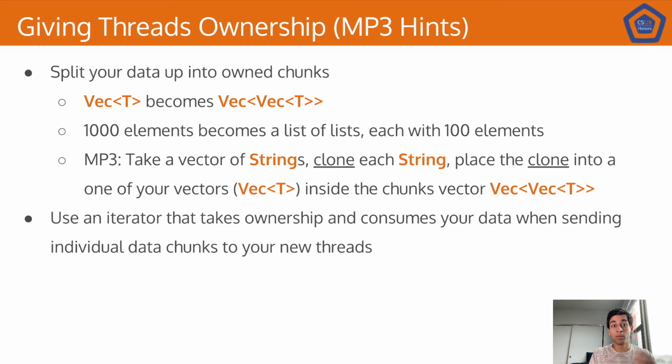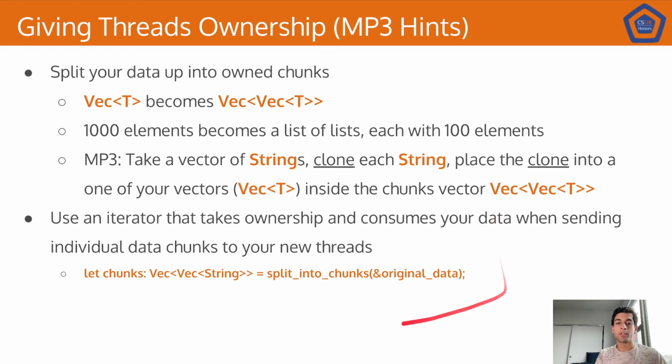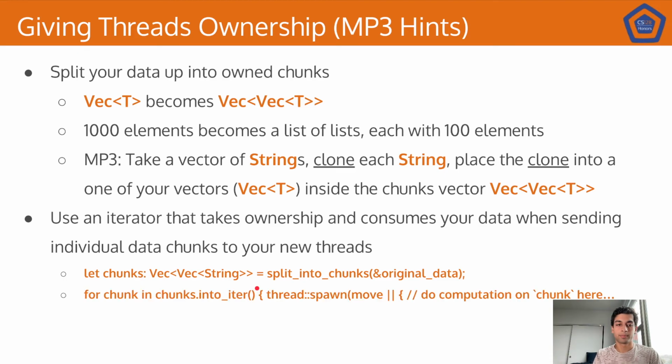So going back all the way to the ownership and borrowing lecture with vectors, we call our function to split our data into chunks. We borrow the original data. We're going to clone the individual strings inside, get an owned copy, a vector of vectors, a vector of chunks. Okay, and this is where we use our iterator. So into_iter is going to take ownership of chunks, and it's going to give you an owned copy, or the owned data inside of your vector.